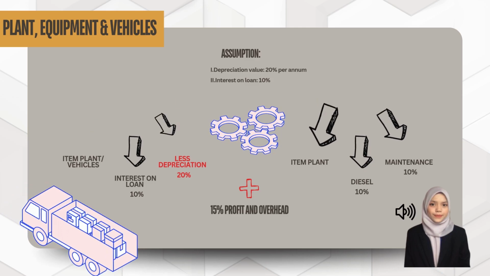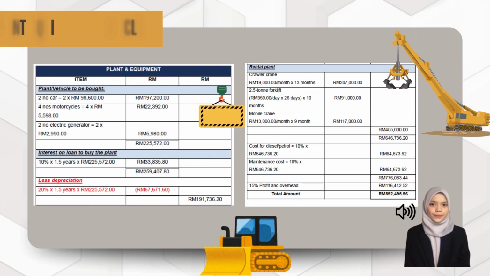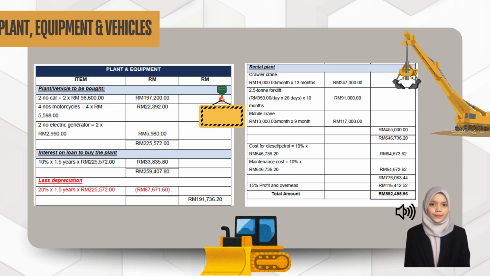For the purchase plant and vehicle, there are 2 costs for motorcycle and electric generator. The total cost for that item will be added with the 10% interest on the loan, and after totaling up the cost, it must be less a depreciation of 20% with the year of project, which is 1.5 years.